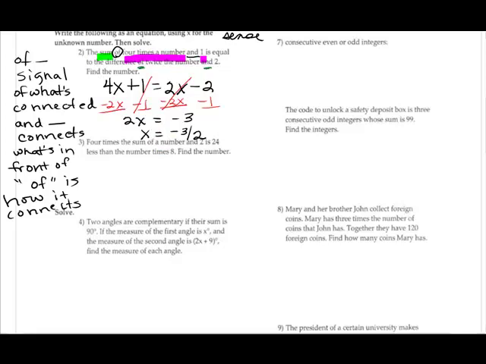So there's the of and the and. So we've got a number and 2, and how they are connected is the sum. So we've got the sum of a number and 2.